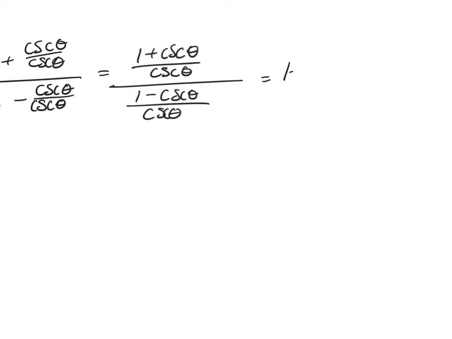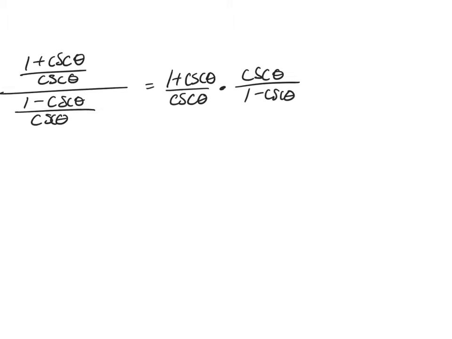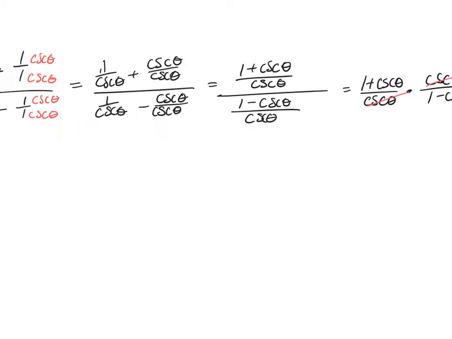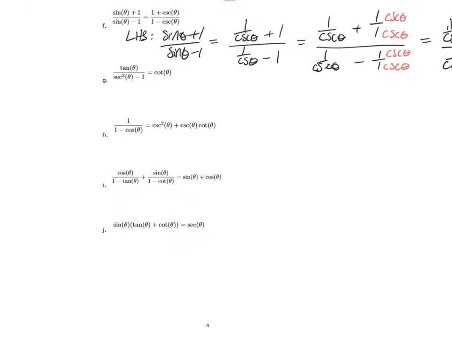So I end up with 1 plus the cosecant theta over the cosecant theta multiplied by the cosecant theta, 1 minus the cosecant theta. Still not a fan of this. And I finally end up with 1 plus the cosecant theta, 1 minus the cosecant theta. Do you see why I multiply everything by the common denominator? Because I love myself. Same way, you get the same answer either way.